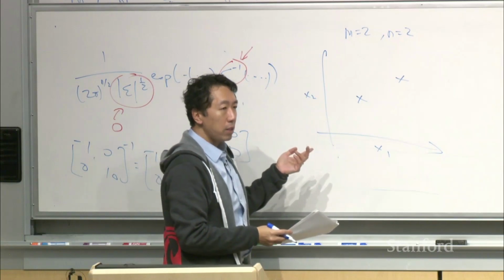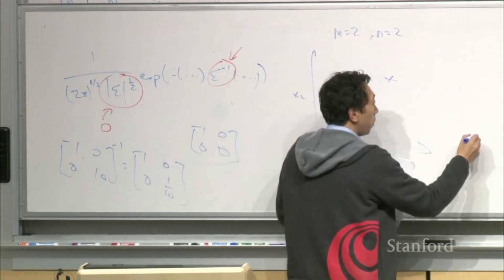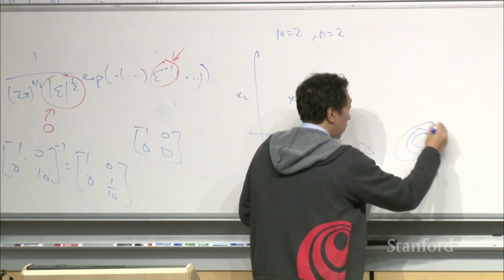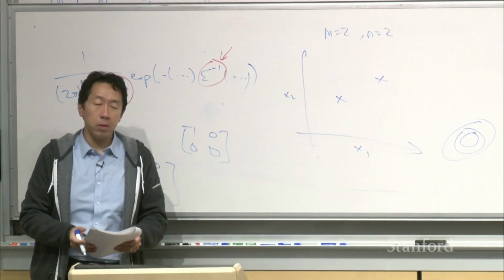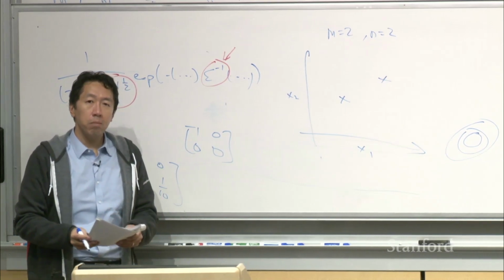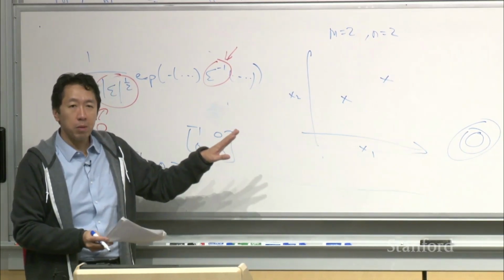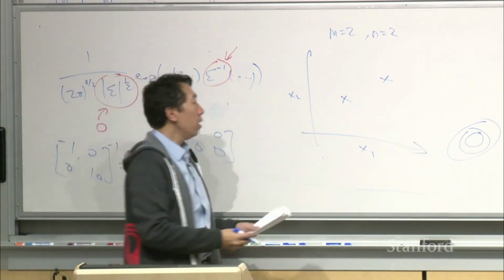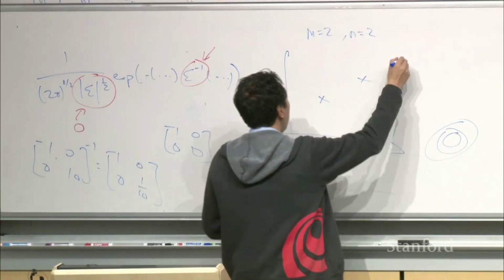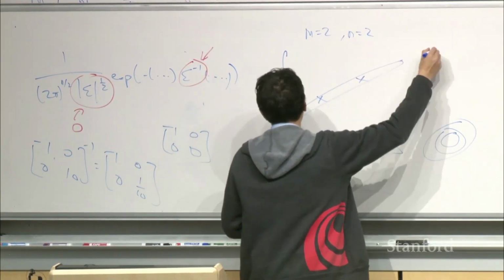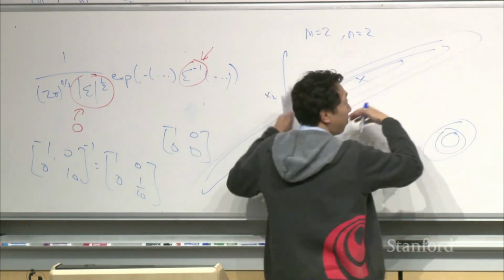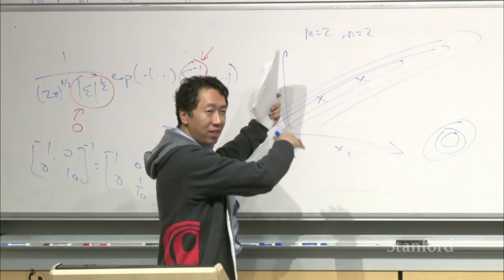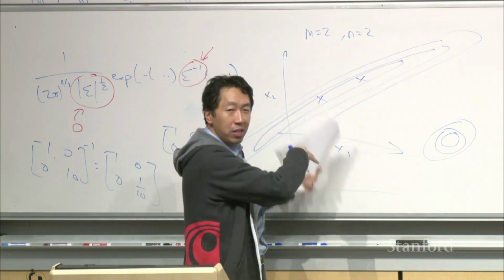So you see me draw contours of Gaussian densities like this, like ellipses. It turns out that if you have two examples in a two-dimensional space and you compute the maximum likelihood estimate of parameters of a Gaussian fit to this data, then these contours will look like that, except that instead of being very thin as I'm drawing it, it'll be infinitely skinny.